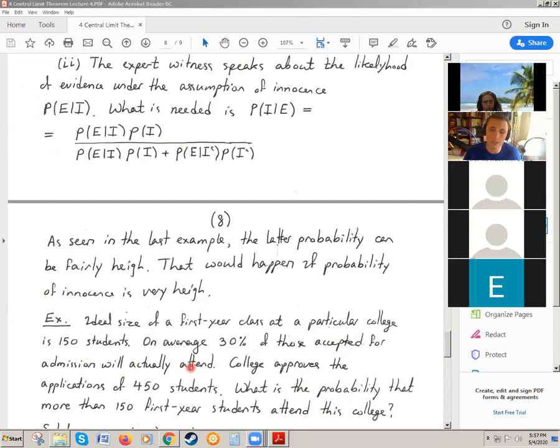So the question is, if we approved 450 applications, what's the probability that more than 150 first-year students will actually join this college? Can you calculate or at least estimate? Set up. Estimation can be done later.